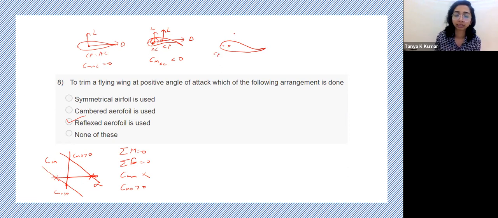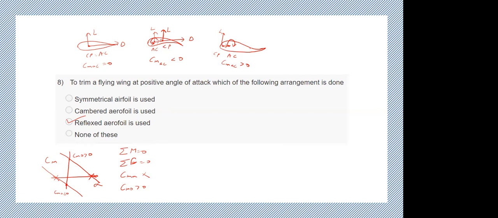It will not move drastically with angle of attack in a reflex airfoil. But if the center of pressure is here and the aerodynamic center is here, your lift and drag forces were initially here. When you transfer them to the aerodynamic center, you have a positive moment. So CMAC is greater than 0 for a reflexed airfoil. Okay?